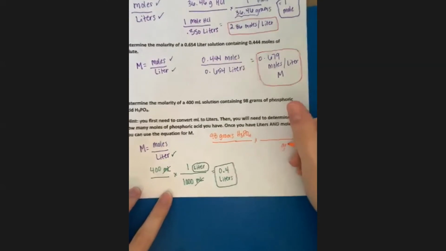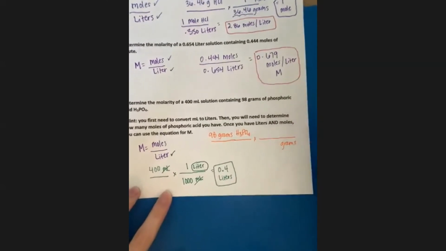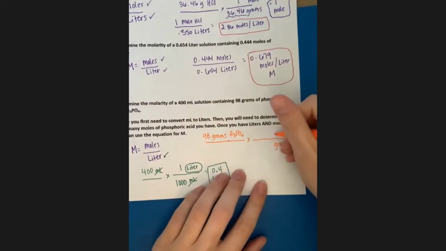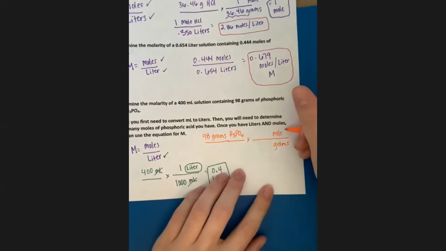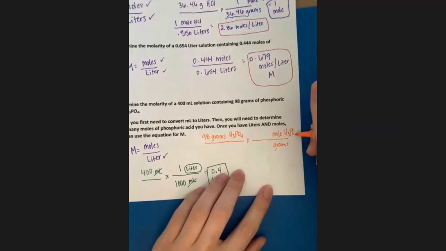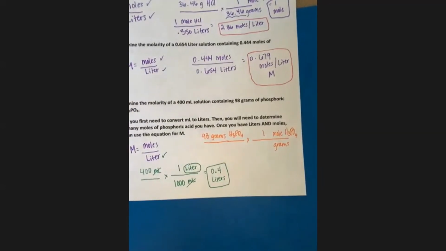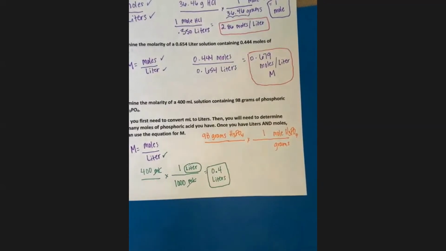So again, I want grams to cancel. Okay, so I'm going to put moles on top. So again, I'm going to put 1 mole here. We need to figure out what 1 mole of phosphoric acid weighs.